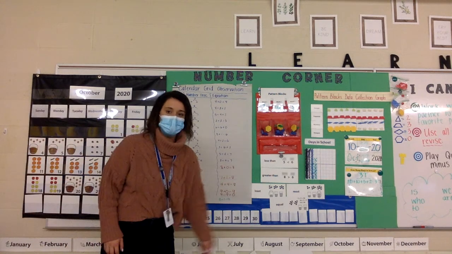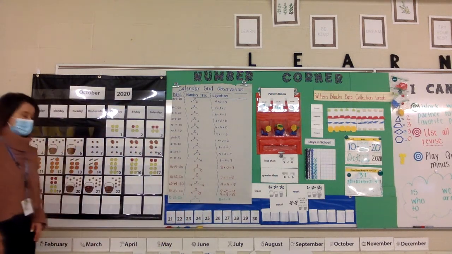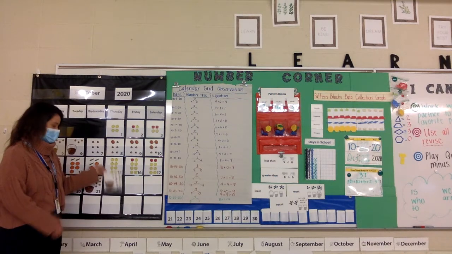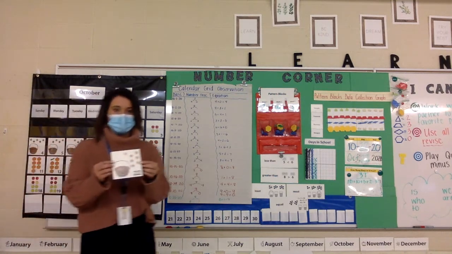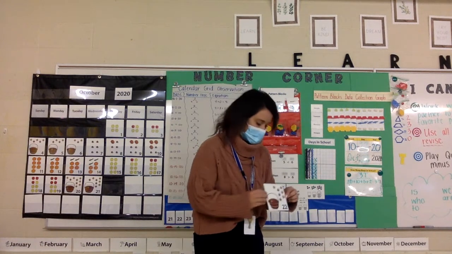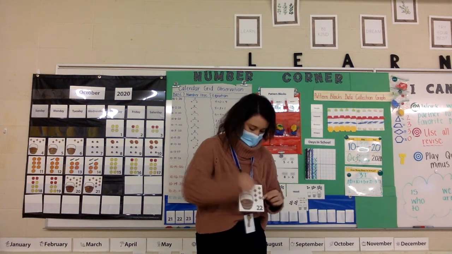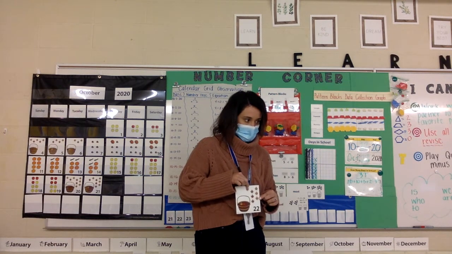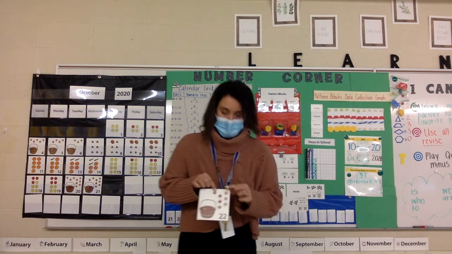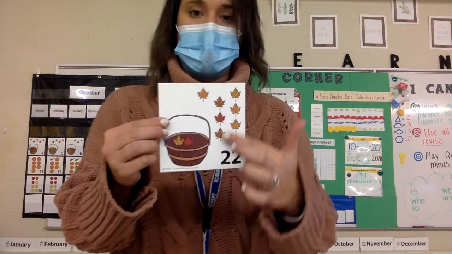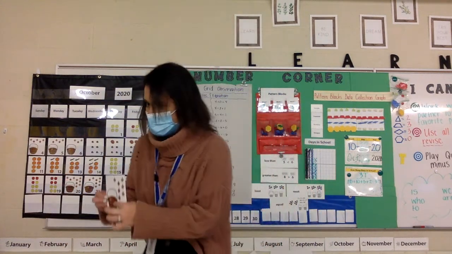Maybe come here. One in the basket. Oh, there's more than one. Two in the basket. Yep, go ahead. 2, 4, 6, 8. 7. We have 7 outside of the basket and 2 in the basket.